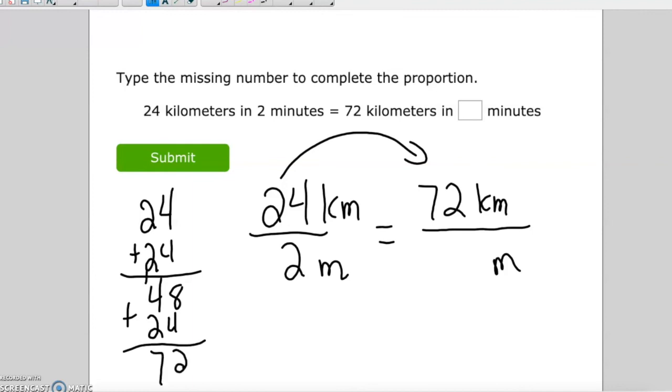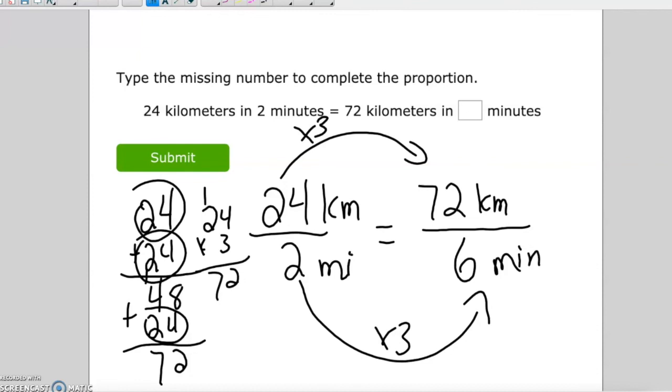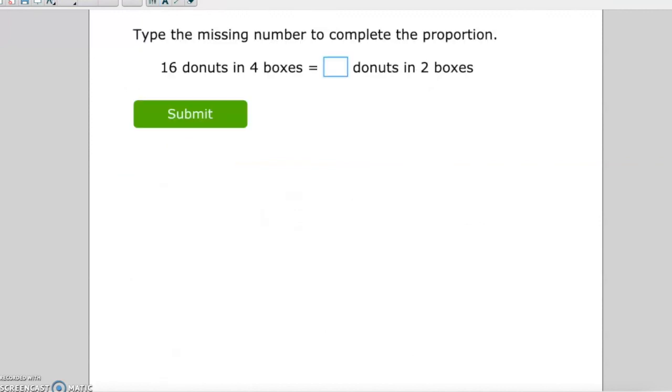How many 24s did I add? 1, 2, 3. So it's times 3. You don't believe me? 24 times 3. I'll show you. 72. Okay? Do the same to the bottom. Times 3. That's 6 minutes. I should put min for minutes. Okay? So 72 kilometers in 6 minutes.